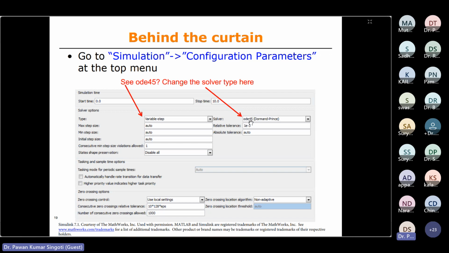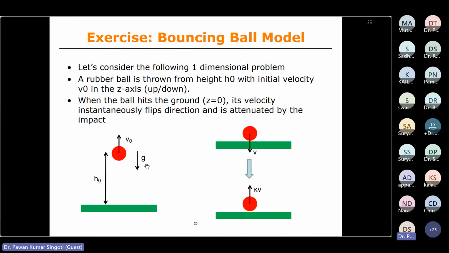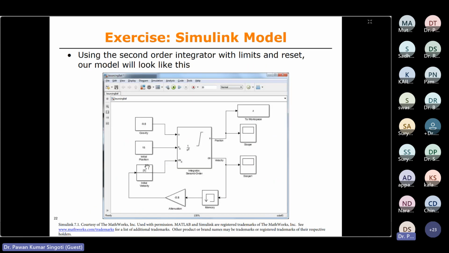So you can see the ODE45 solver, which means Simulink is based on MATLAB only. The functions, commands or codes which we are using in MATLAB can be used as an inbuilt function in Simulink. Bouncing ball models, and these models are already available as examples in the Simulink library.